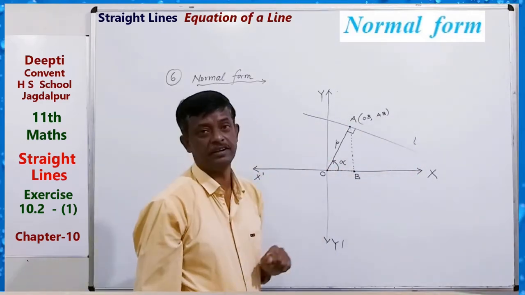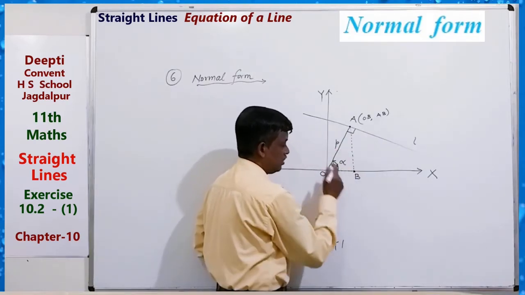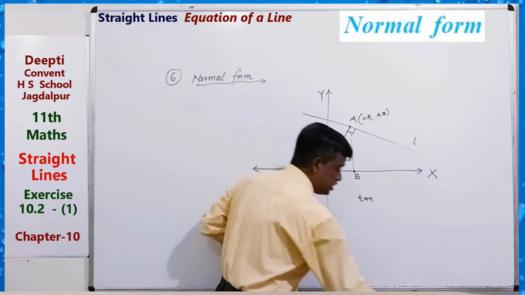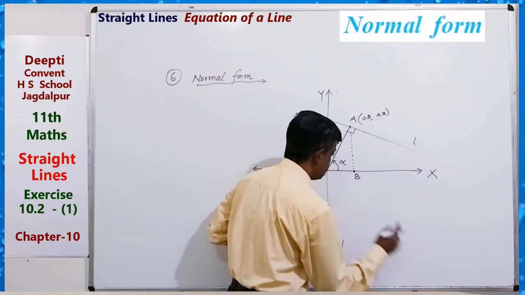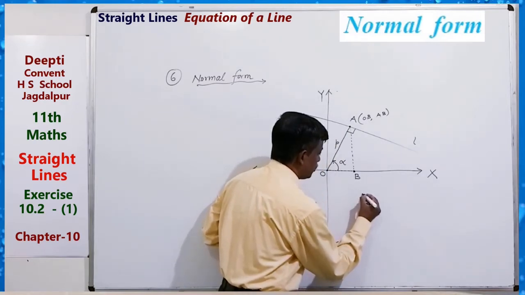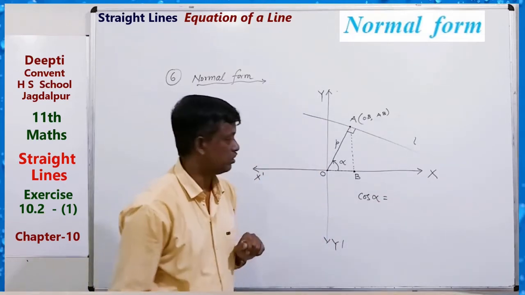And it can be found. Here alpha is the angle. So cos and sin we can use. Cos alpha equals what? Base by hypotenuse.